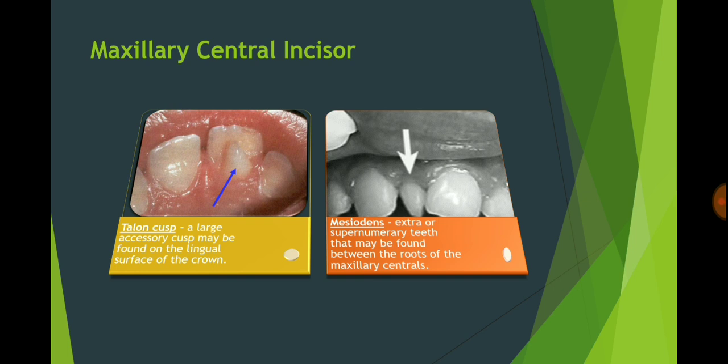Sometimes you have extra enamel or a cusp on maxillary centrals. As you can see where the blue arrow is pointing, that's an extra cusp, almost like developing from the cingulum. That's called a talon cusp. It's a large accessory cusp found on the lingual surface of the crown. So make sure you know what a mesiodens is, where it's most likely to be found, what a talon cusp is, and where it's most likely to be found.